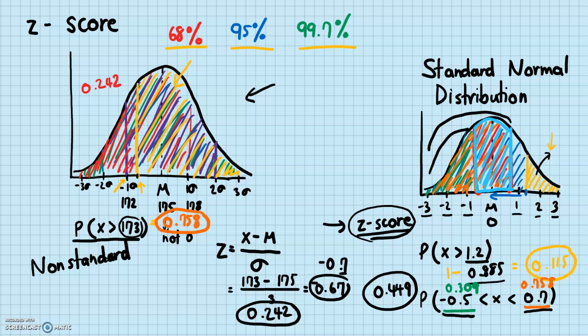Okay, so now using the z-score, we are able to find area under the curve for even between the standard deviations. Okay, so that was between the standard deviation, but we were still able to find the area for that one. Okay, so that's how you can use z-scores to find the area under the curve of non-standard and standard normal distributions.